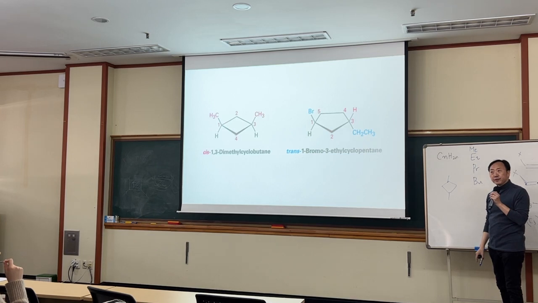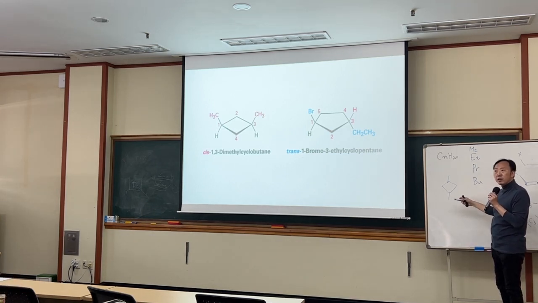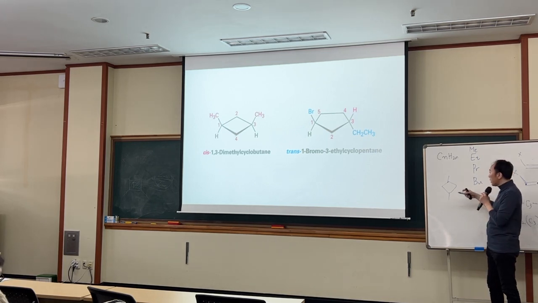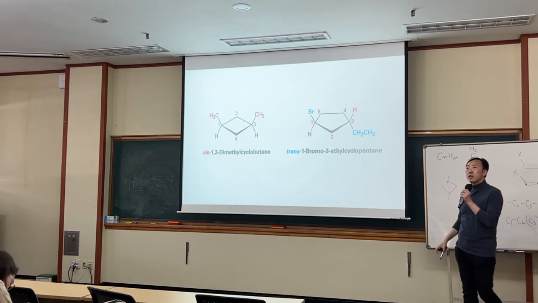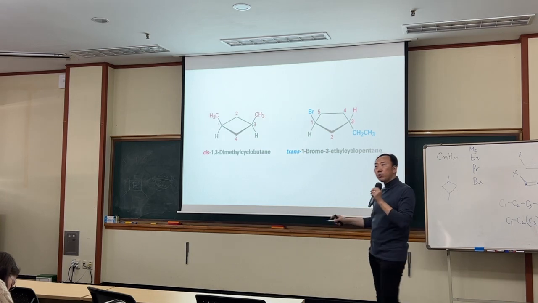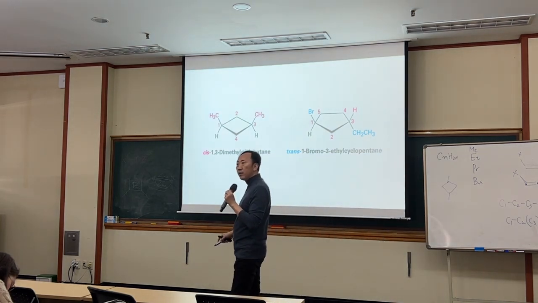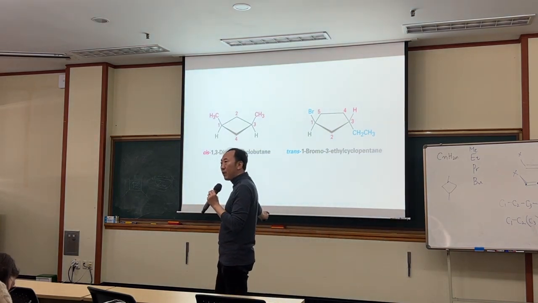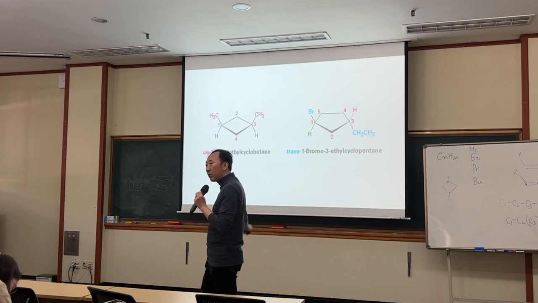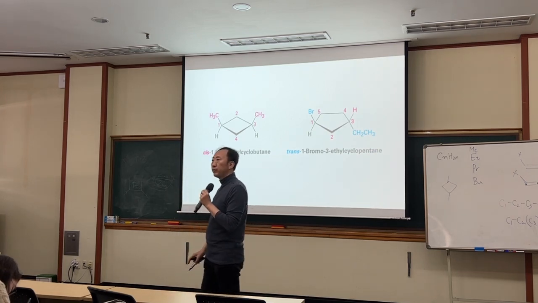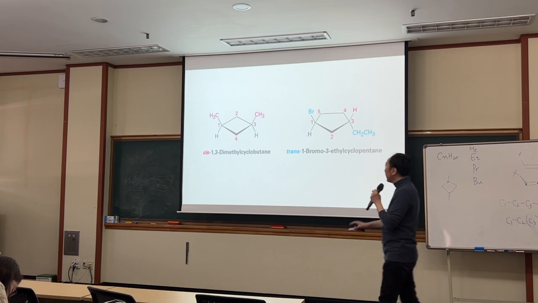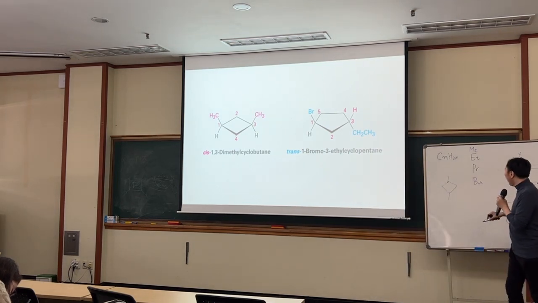This can be either a mixture or maybe the information is not known. In that case, you just simply say 1,3-dimethylcyclobutane, even though it has two possibilities. Sometimes we cannot get that information, or intentionally we use the mixture.